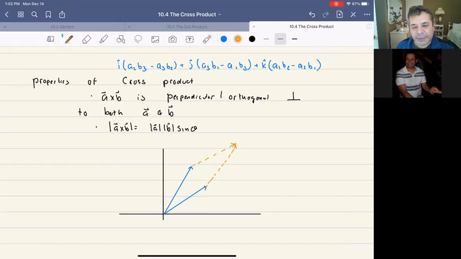Okay, that looks like the parallelogram, sort of. And it's the area of the parallelogram.